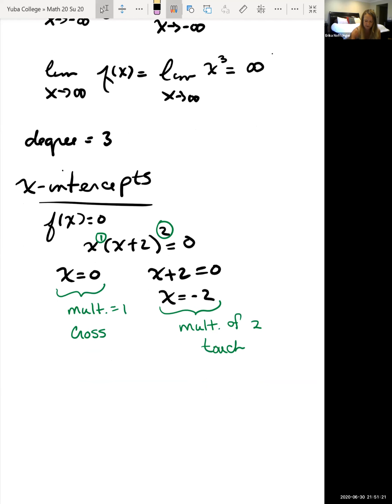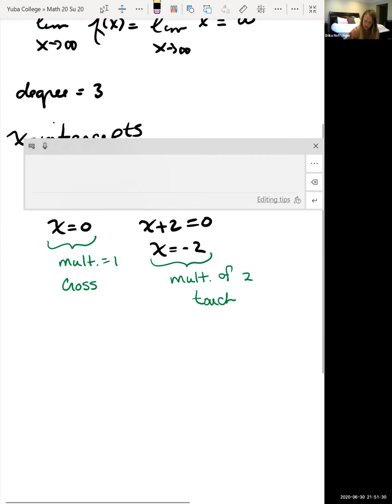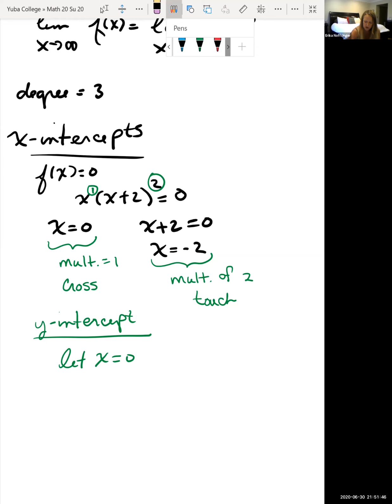So we should be able to find our y-intercept. The y-intercept occurs when our x value is 0. So we're looking at f of 0.